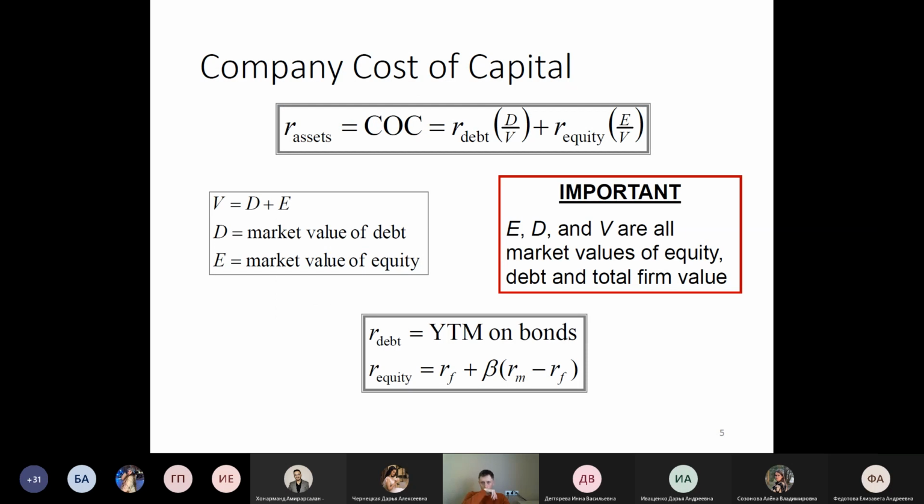Here we have the basic formulas of the cost of capital. Then we will move further to discuss the weighted average cost of capital. By default, the weighted average cost of capital would also include the tax shield.